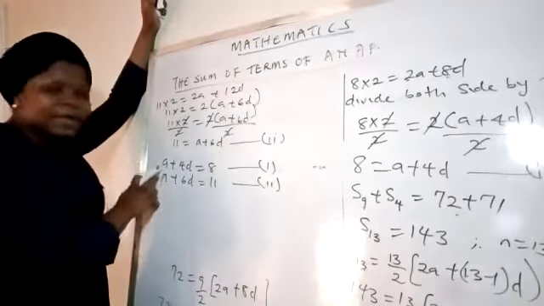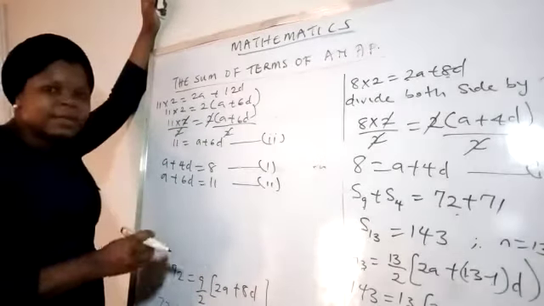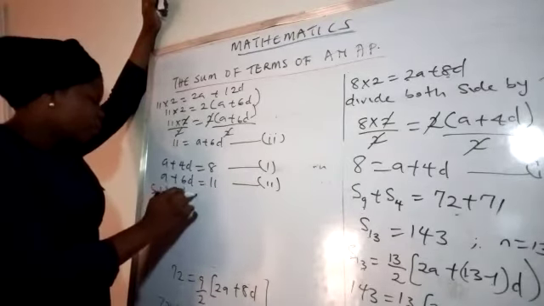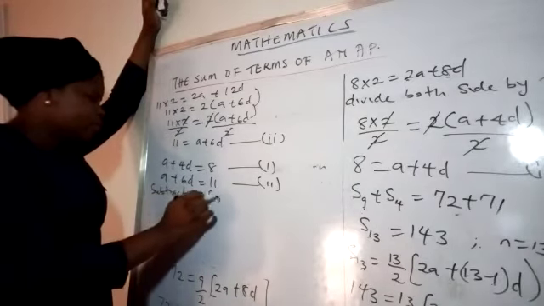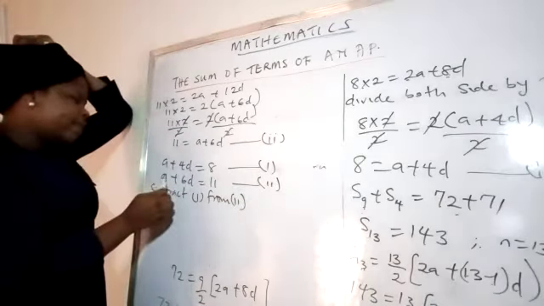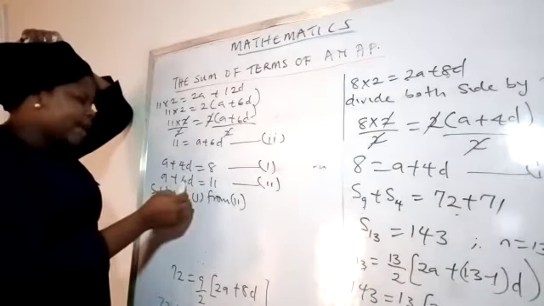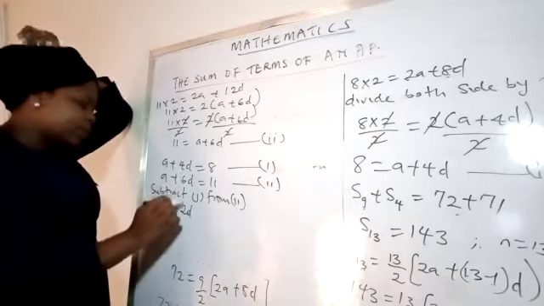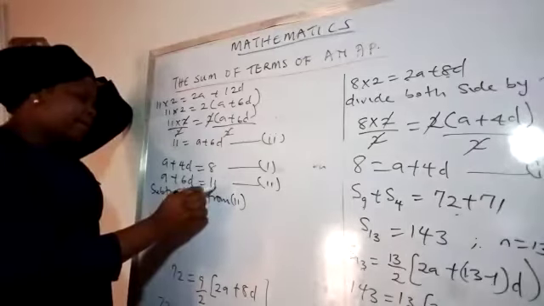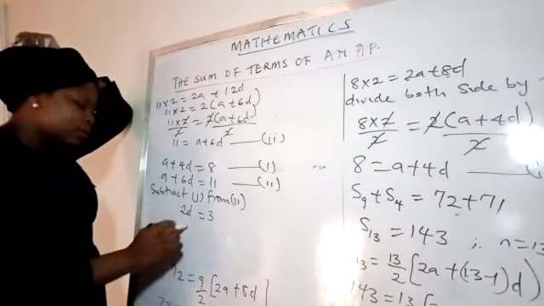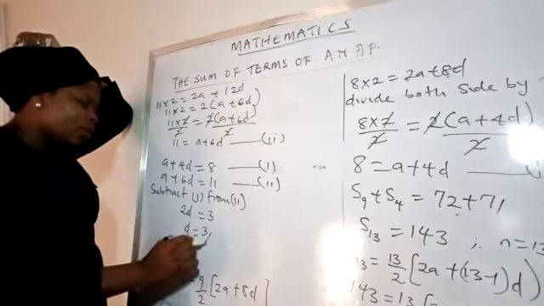Now, we can eliminate this a easily by subtracting equation 1 from equation 2. So I have a minus a, that is 0. I have 6d minus 4d, which gives me 2d. 11 minus 8 gives me 3. So my d is going to be 3 over 2.